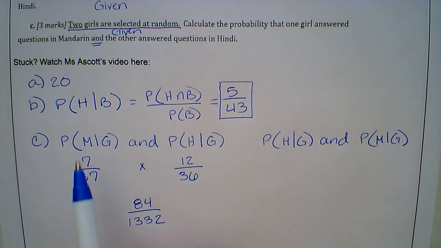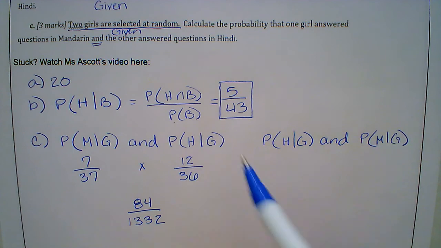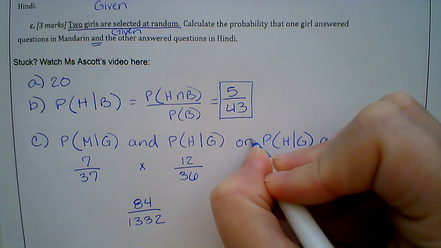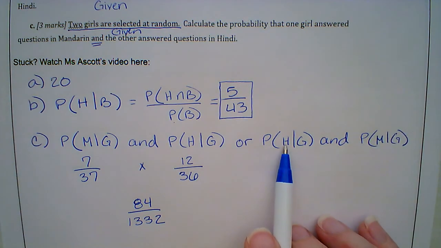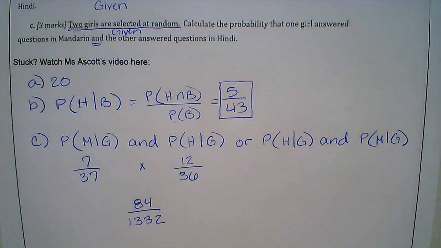So I could pick a girl that speaks Mandarin and a girl that speaks Hindi, or I could have a girl who speaks Hindi and a girl who speaks Mandarin, because the order works either way. Notice either situation, I have one girl speaking Mandarin and one girl speaking Hindi. It's just a matter of which one do I pull out of the bag first.